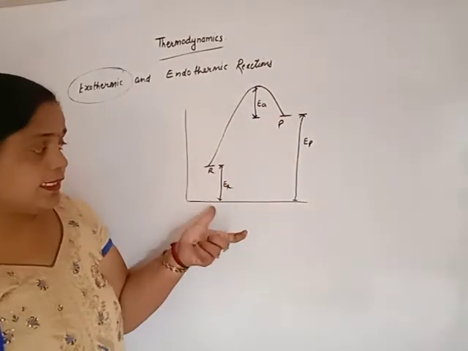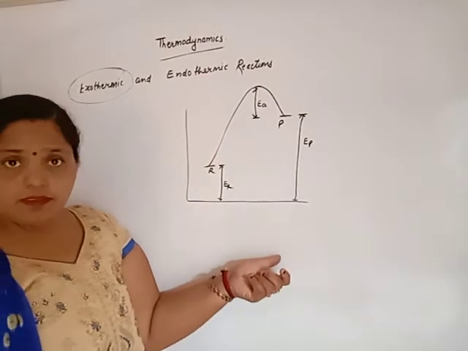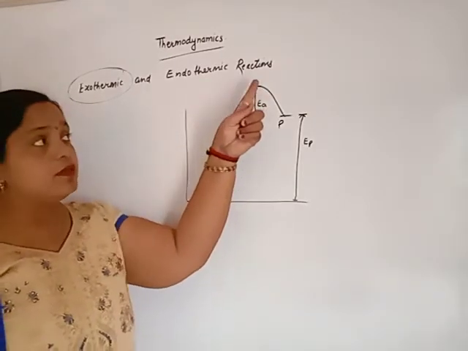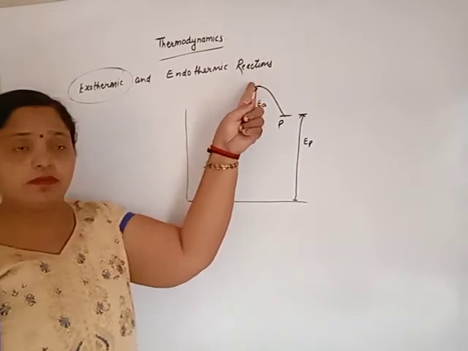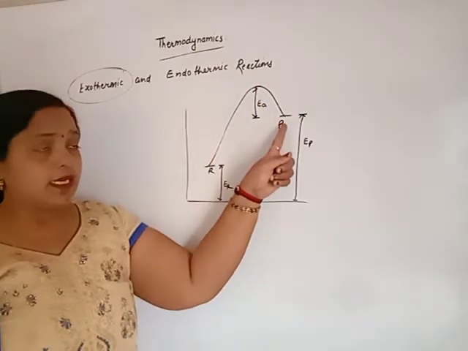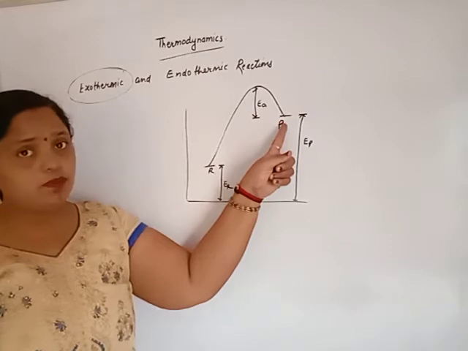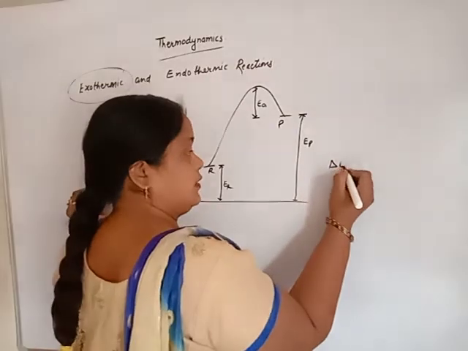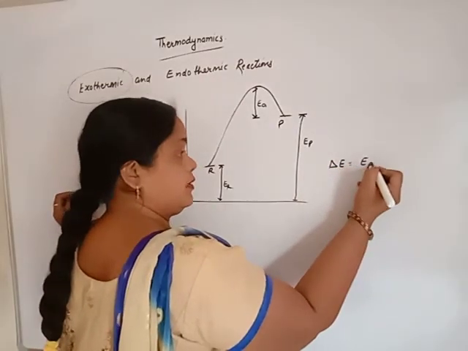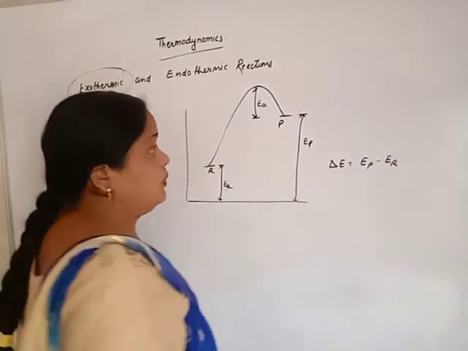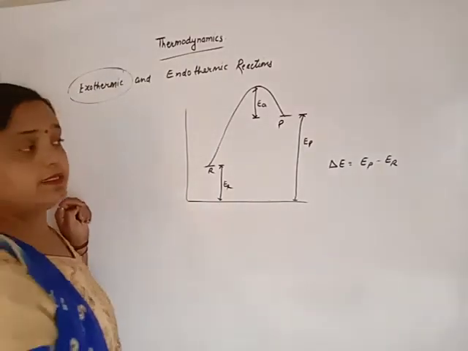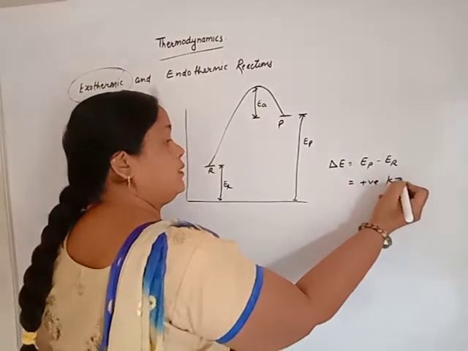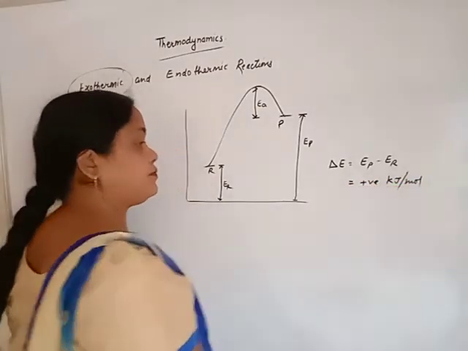The energy of reactant is less, the energy of product is greater. So the reactant absorbs energy. Some of the energy is consumed during activated complex formation and the other energy is absorbed to form the product. Delta E is again product minus reactant. Now the energy of product is greater, so the sign is positive, in kilojoule per mole.